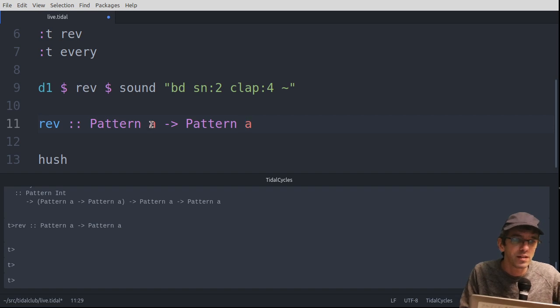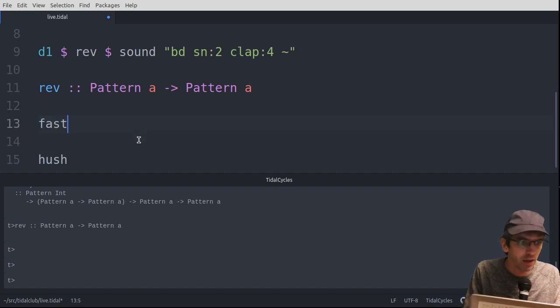But if this is integers, like whole numbers, then it will give you back something of exactly the same type. So this is like the first input, there's only one, and then the last one in the list is always an output. We can also look at fast.